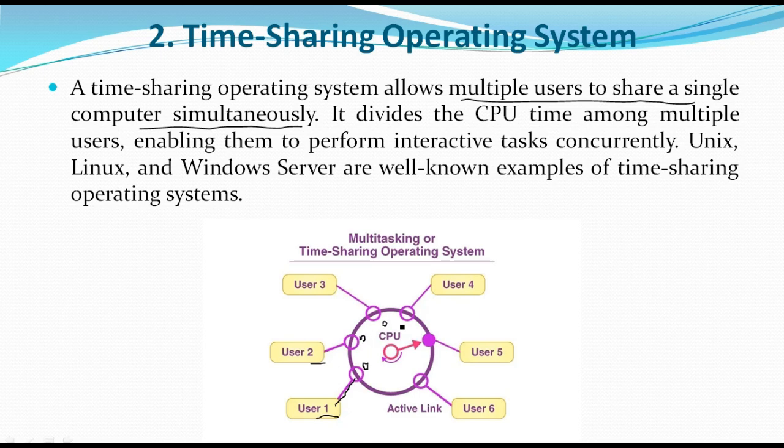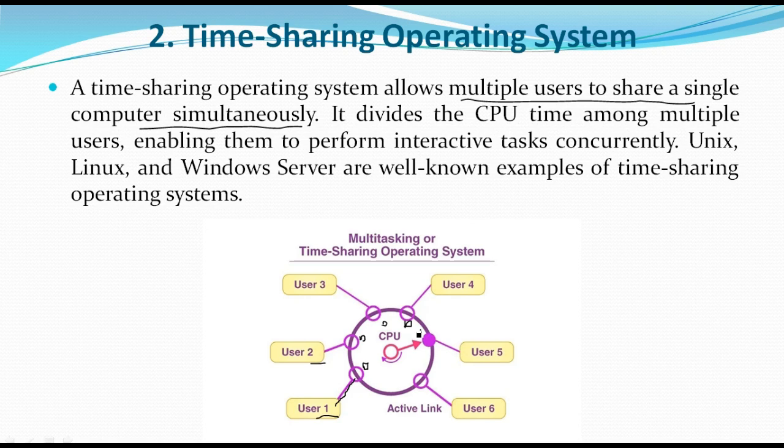Time quantum means the particular CPU time which is divided into small pieces, and each small piece is called a time quantum. In CPU scheduling we will also understand in depth regarding the time sharing operating system and time quantum.